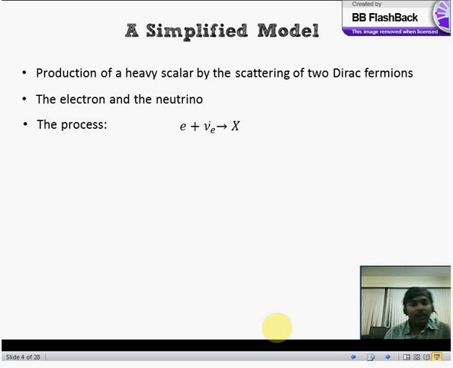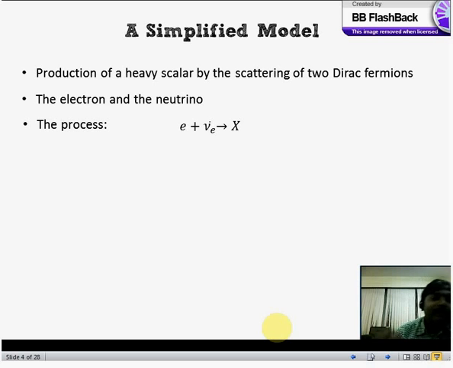Now we'll deal with a very simplified model, which is basically the production of a heavy scalar by the scattering of two Dirac fermions. We'll have an electron and a neutrino, and the process will be colliding a neutrino and an electron and producing a very heavy scalar x. That x will then decay and again give us an electron and a neutrino, which are collinear, and this x is produced very near resonance.